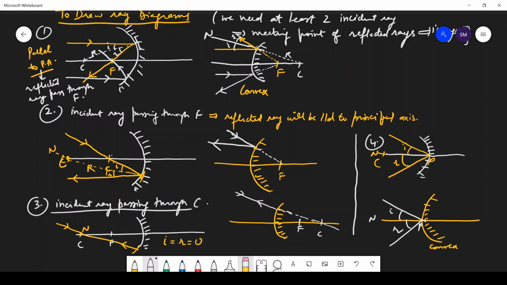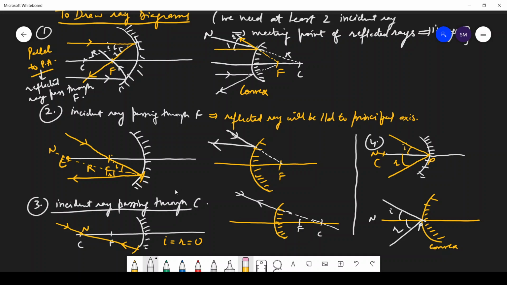These are the 4 ways in which an incident ray behaves. Any 2 of these 4 you will need to draw the image formation. So note them down. And they are there in your book also.